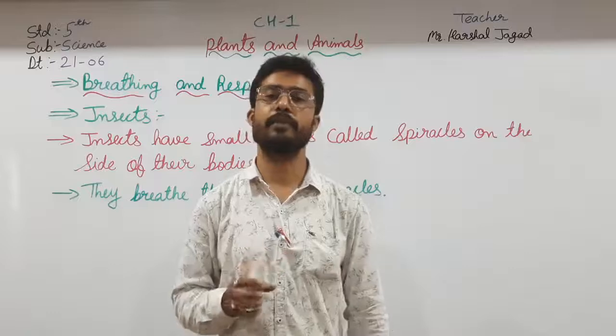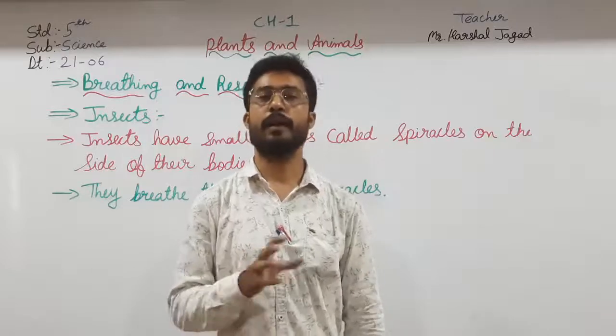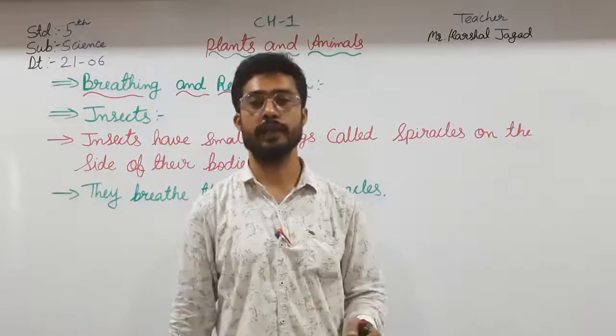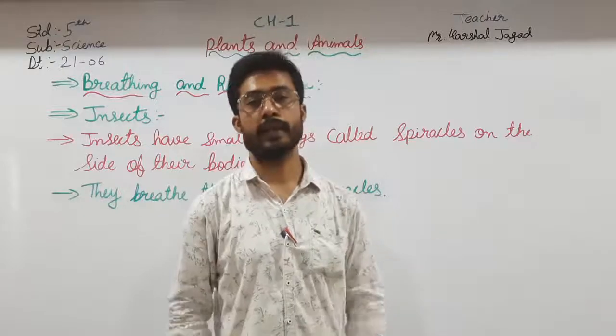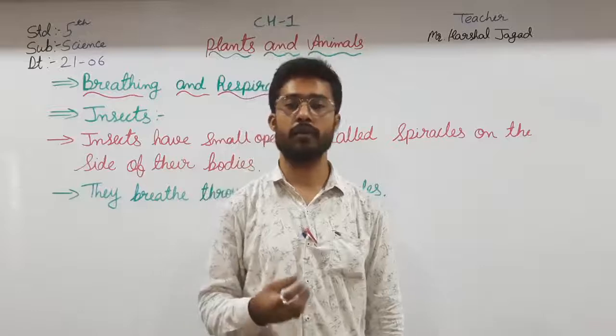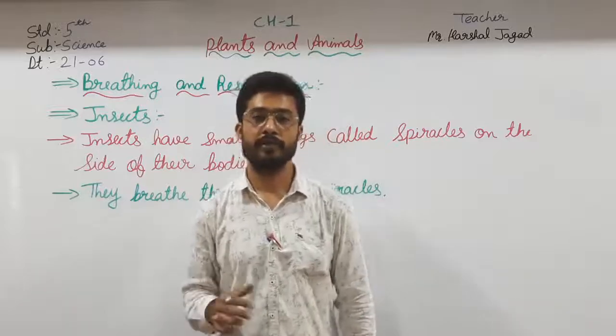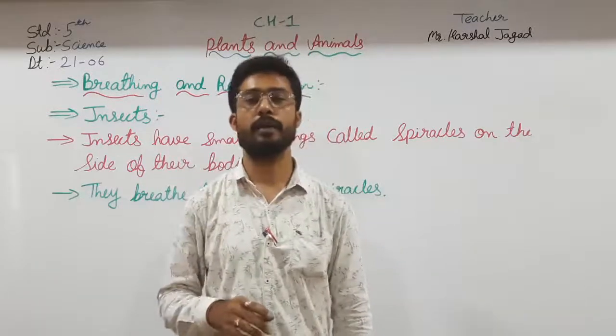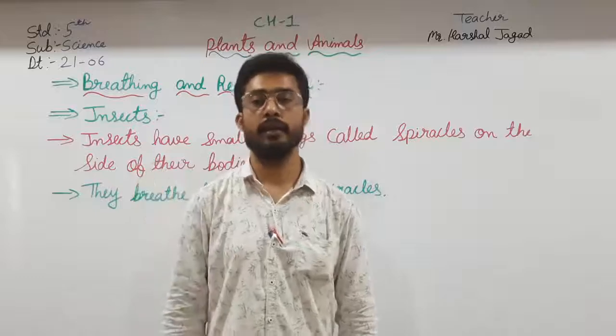The animals which breathe through their gills absorb the oxygen which is dissolved in the water and breathe. And the animals which breathe through their lungs, that are dolphins and whales, come to the surface of the water, breathe, and go again in the water.